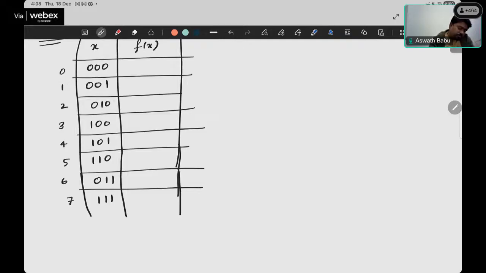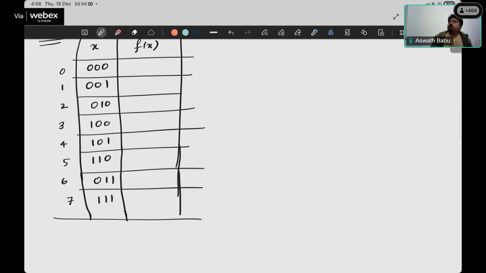Have I missed something? No, I have not missed anything. So I have 8 numbers here. There may be a misalignment in the binary ordering, but don't worry.